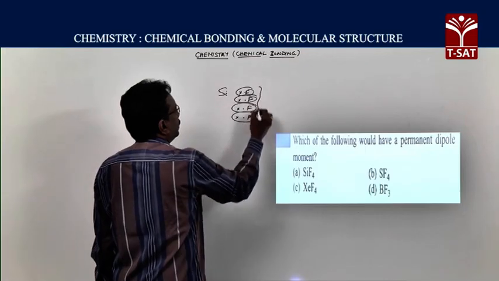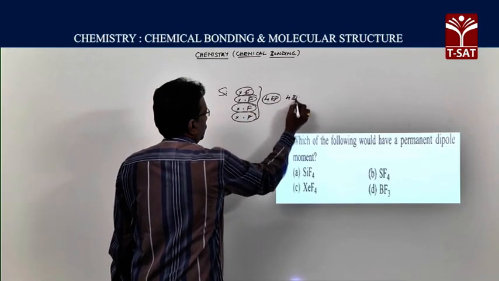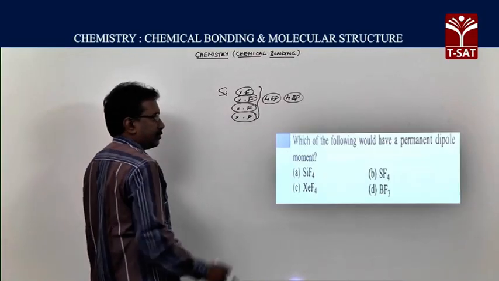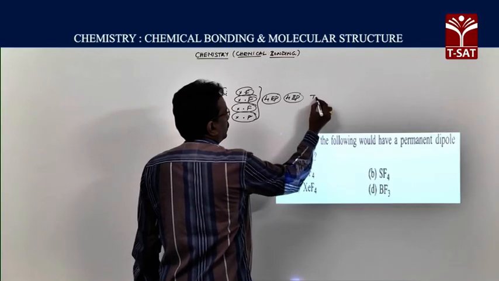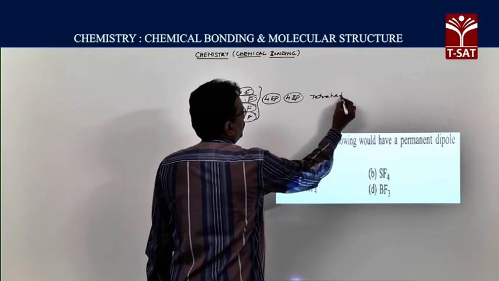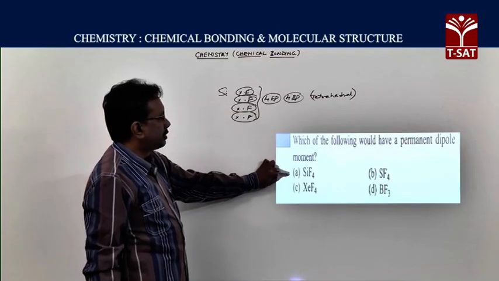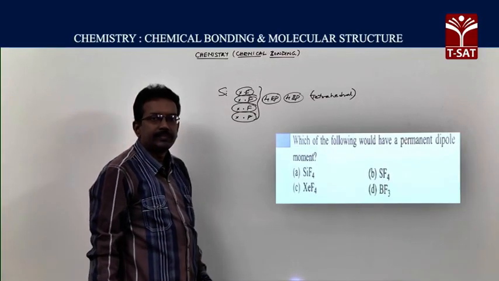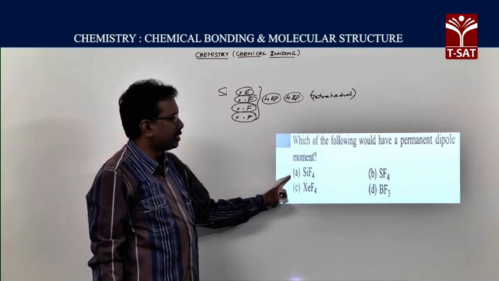That means we are getting 4 electron pairs, all are bond pairs. If we have 4 bond pairs, then the structure of the molecule is tetrahedral. So the first compound has tetrahedral symmetry. Because of tetrahedral symmetry, the resultant dipole moment becomes equal to 0.